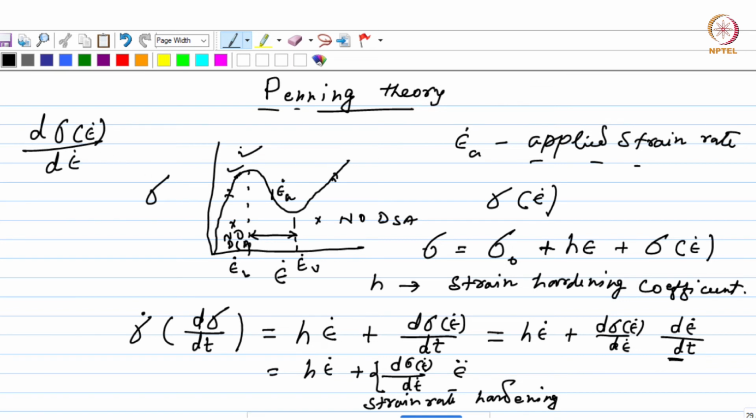Here you have a maximum at point A and a minimum at point B, right? So this will be 0 at points A and B.